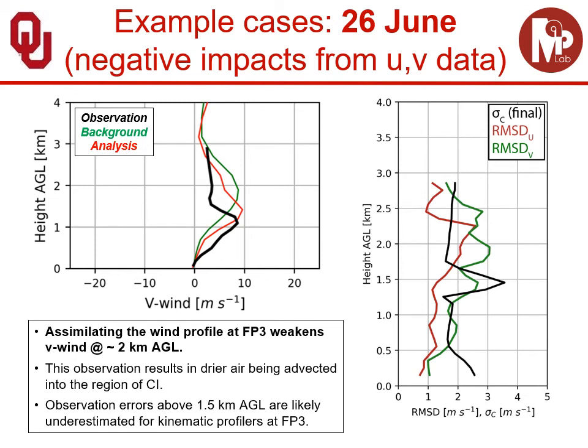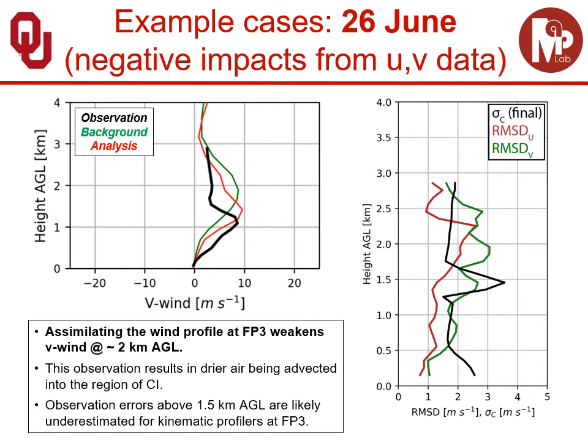So that basically gives you kind of an estimate of the instrument error. And what we can see is that the assigned observation errors are often a lot lower than even just the instrument errors diagnosed in red and green, especially above 1.5 kilometers and especially for the V-wind component.